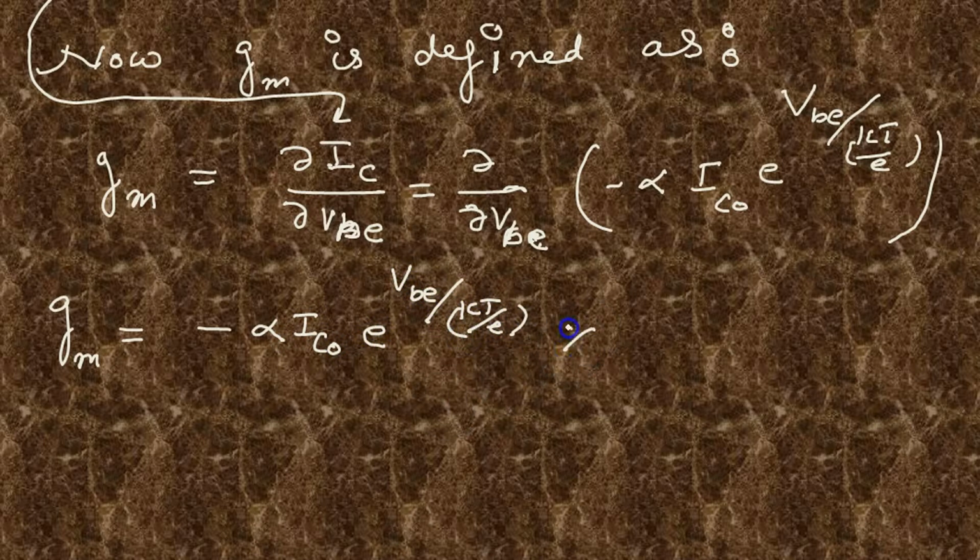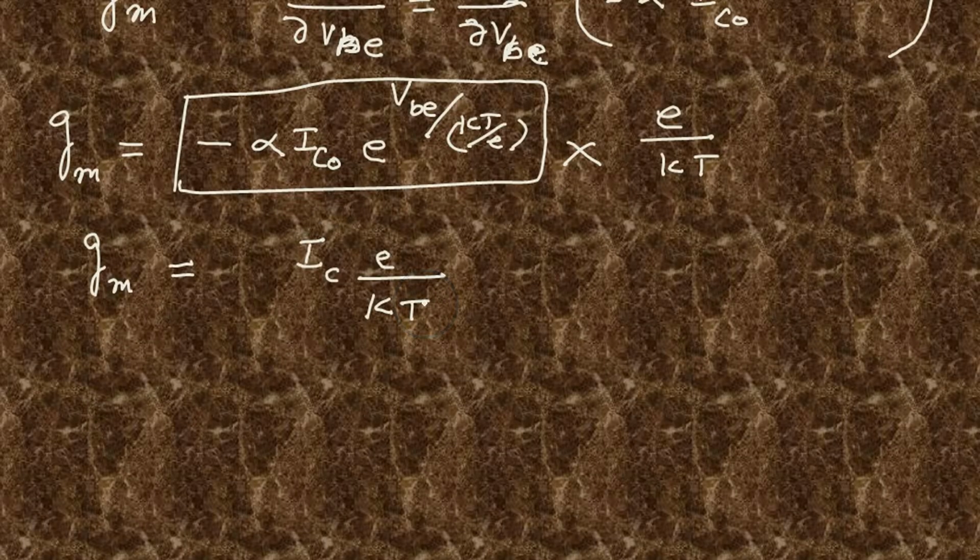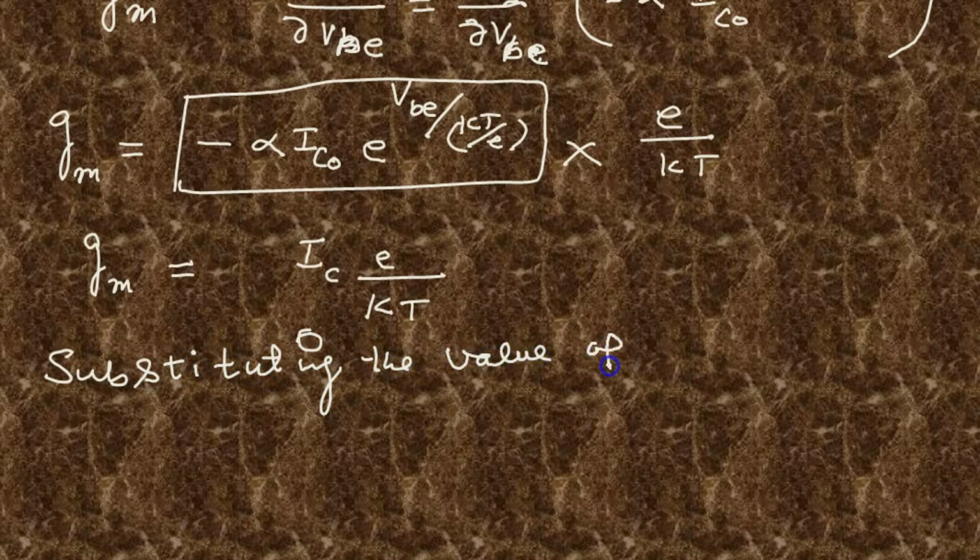First of all, the whole factor as it is, into the differentiation of the power of the exponential, that becomes E upon KT. So the bracket term is IC. So this is the result, that GM is equal to IC times E upon KT.